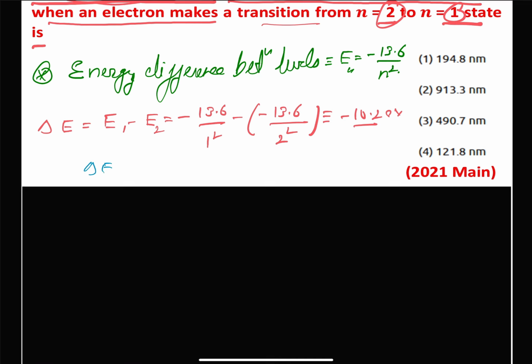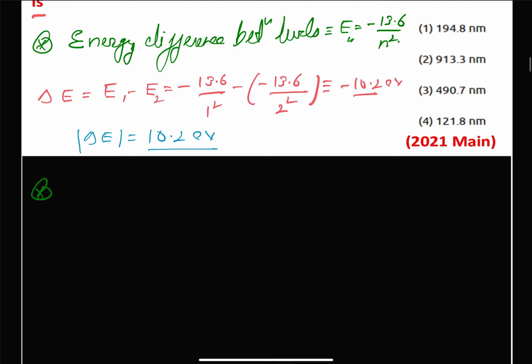So we can say our delta E in terms of magnitude is equal to 10.2 electron volt. Now we can use the wavelength formula. So we know that our energy E is equal to hc upon lambda. So from here we can say our lambda is equal to hc upon E. E here we can just replace by delta E difference.